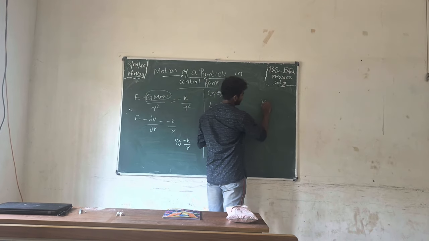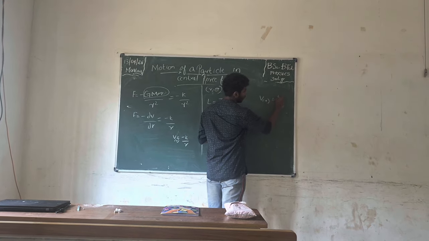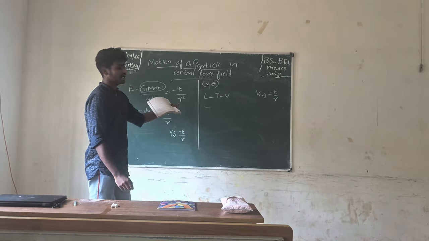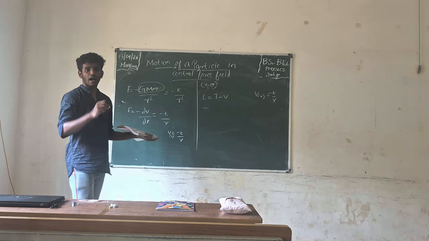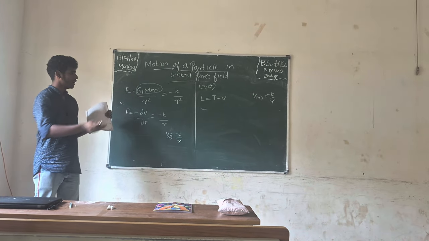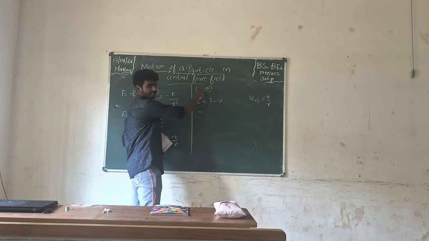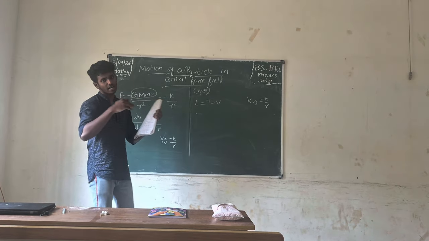So V of r is equal to minus k by r, and T we already know is half m v square. Here instead of v we have two components, r dot and r theta dot.